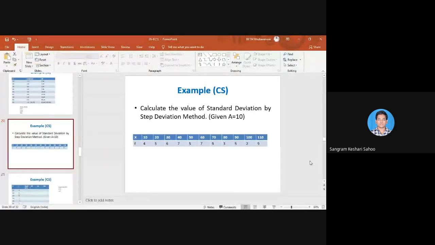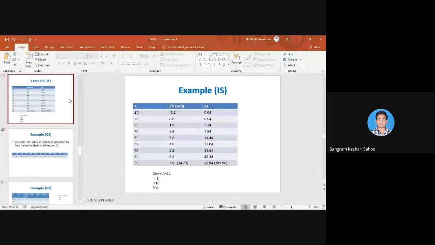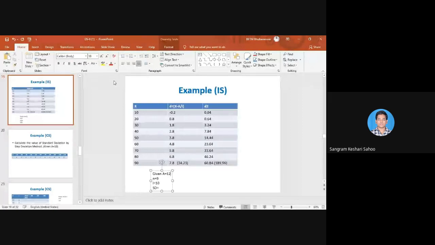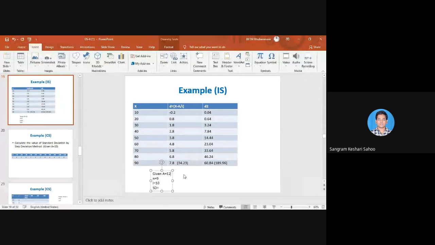Sir, please solve the previous one a bit. Okay. It is difficult to write the square. Sigma deviation is equal to square root of sum of d square by N. What is the value of sum of d square? 189.96 divided by 9, how much? 21.10.